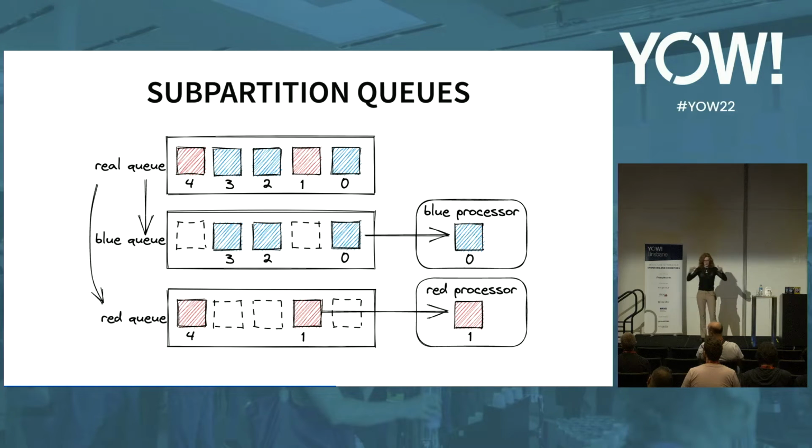So we have a partition that is a real queue that Kafka maintains. And what we did was we took the subscription ID, which is the ID of the individual device, and we hashed that, and we used it to put it into a queue that was feeding into one of the processors, into one of the workers.